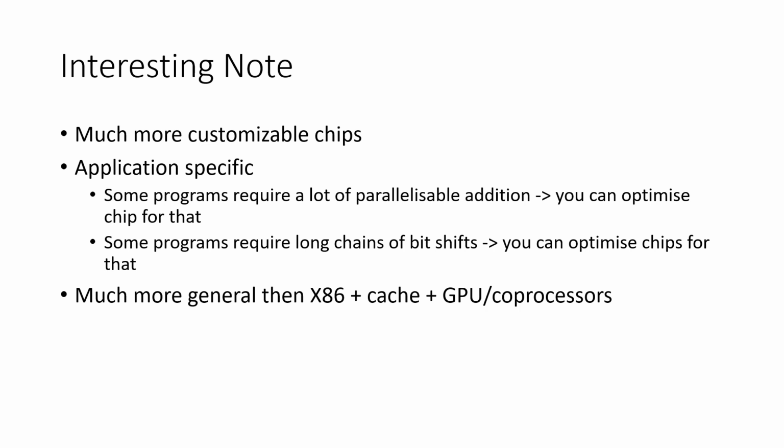And I imagine that in this sort of reference frame, you would be able to make chips that are so much more customizable to specific processes. So it might be blazingly fast at Photoshop and quite slow at Blender or something, depending on what you add and how you optimize your chip.